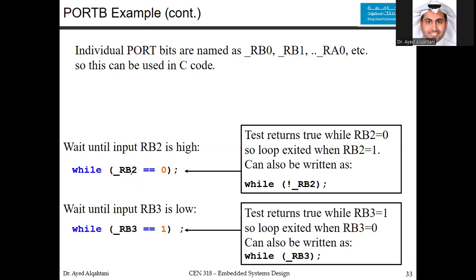Otherwise, you will exit the while. And that's another example for another bit, port B, bit 3. You can also rewrite this one using this way, and you can rewrite this one using this one.